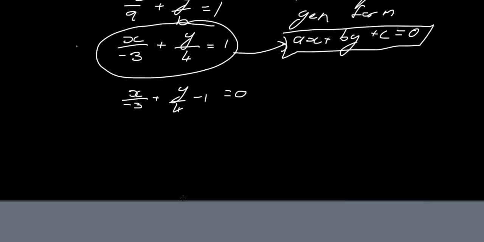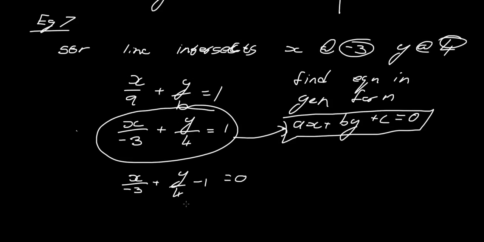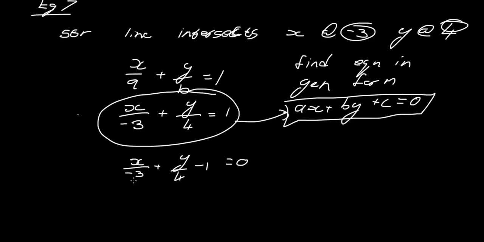Next we're going to want to multiply through by these denominators to get rid of them, so that our coefficients aren't fractions. We want them to be whole numbers or integers. Let's multiply the whole equation through by -3.